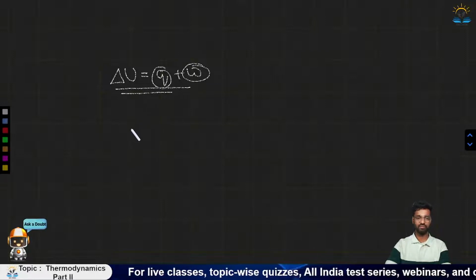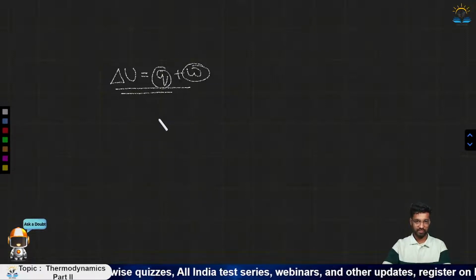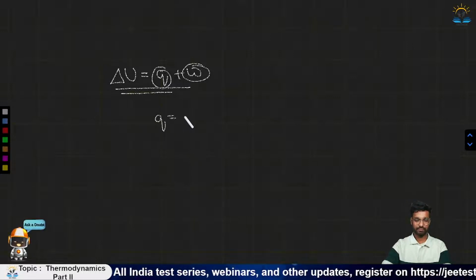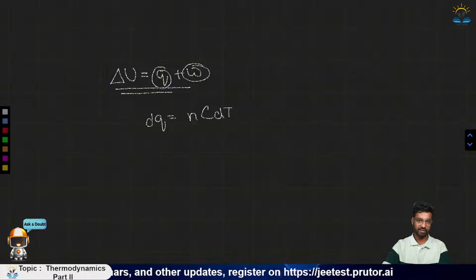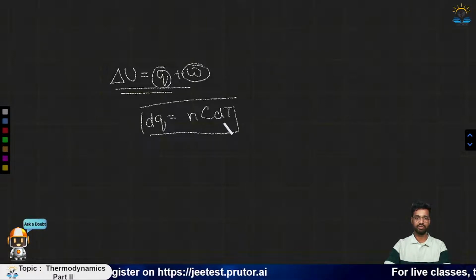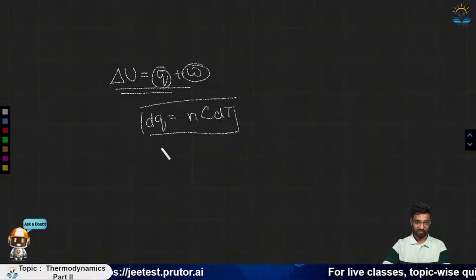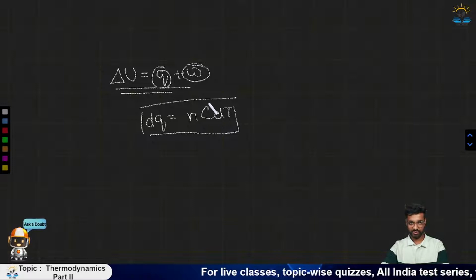Now we have seen many formulas for it, so let us revise them. We know that dq is equal to n C dt. We take this d here for a small heat change. What is C here?